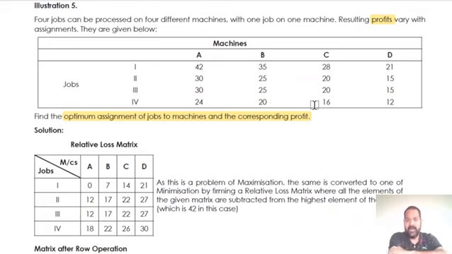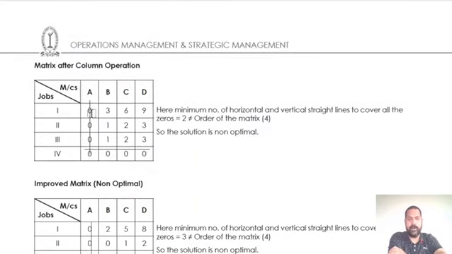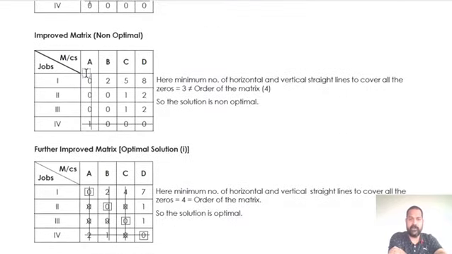How will I do that? Select the maximum, which I think is 42, and subtract from every other. Here they have given you the relative loss matrix. After that, they have done a row reduction, then a column reduction, and after column reduction, assignment.